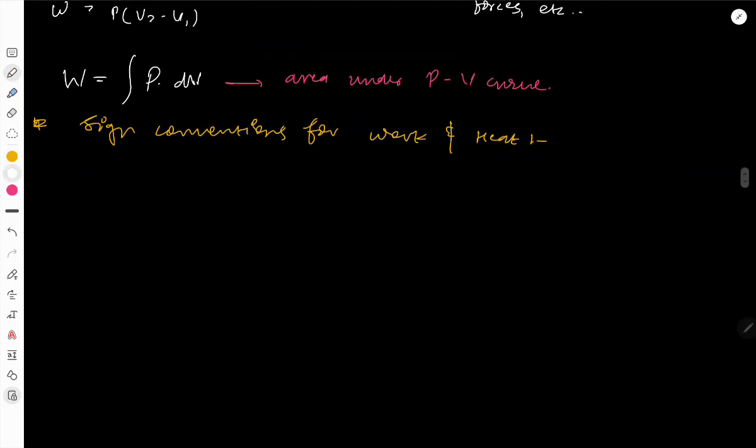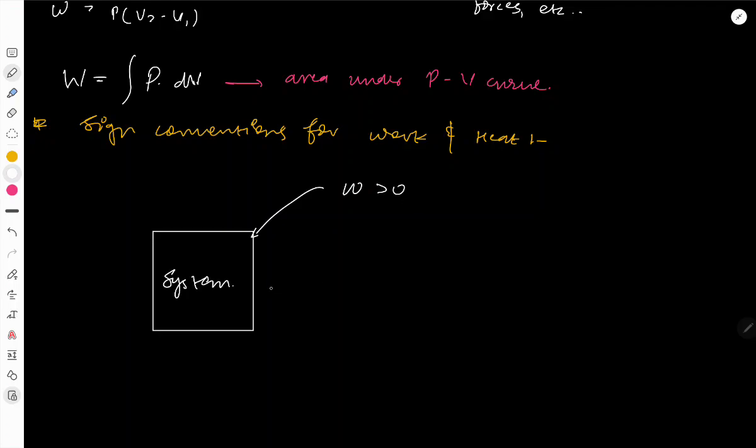So if this is our system, then on this system, if the work is done on it, then work done is positive, and if the heat is given inside, then Q is positive, but if it is liberated out, then Q is negative.